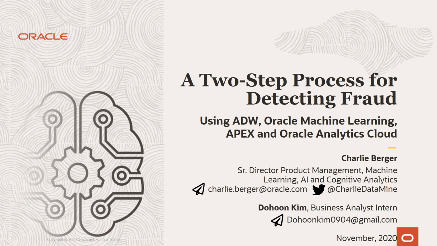So here we go. This is going to be a two-step process for detecting fraud. We're going to use the Oracle Autonomous Database, Oracle Machine Learning that comes with the Autonomous Database, Oracle Application Express, and Oracle Analytics Cloud as well. So we're going to put together a number of different pieces, solve a problem, and automate it along the way.